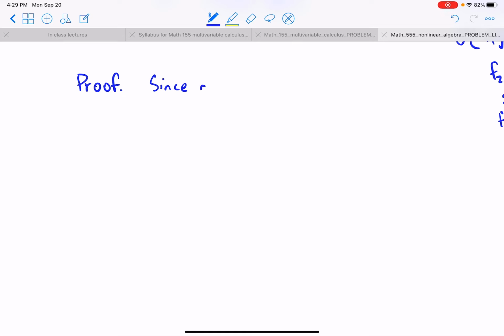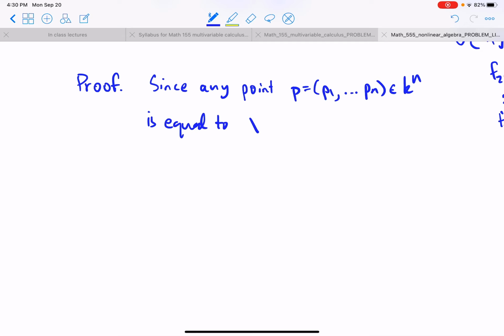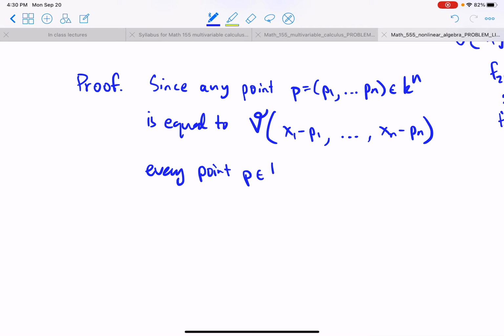Since any point P equals, let's say, (p1, up to pn) in k^n is equal to V, the vanishing set of x1 minus p1, up to xn minus pn, every point P in k^n is a variety.